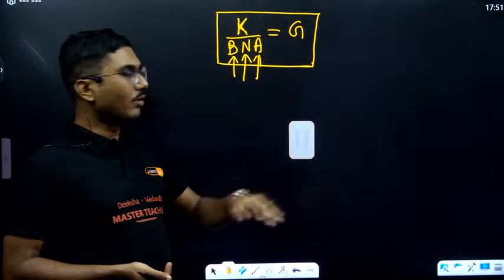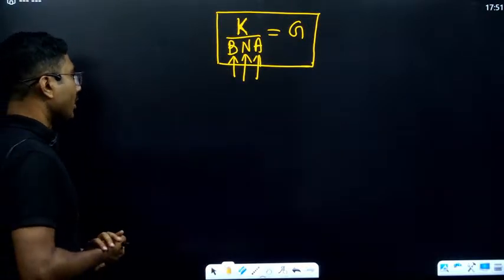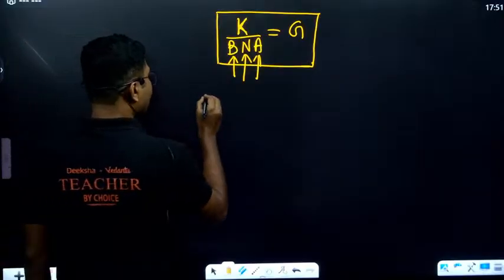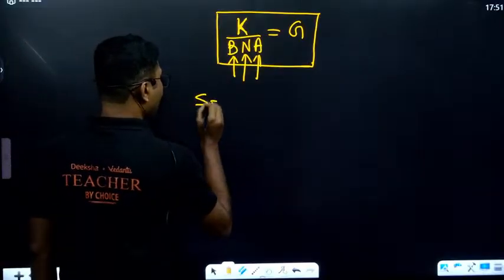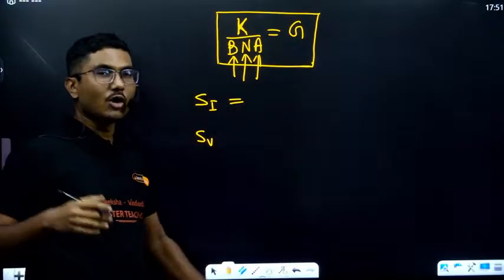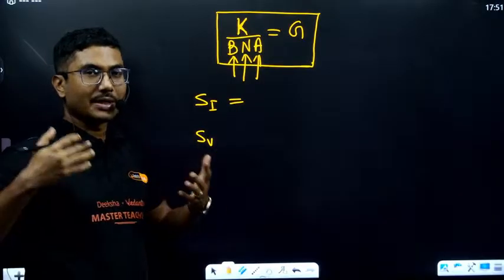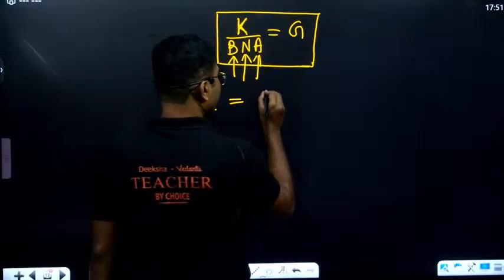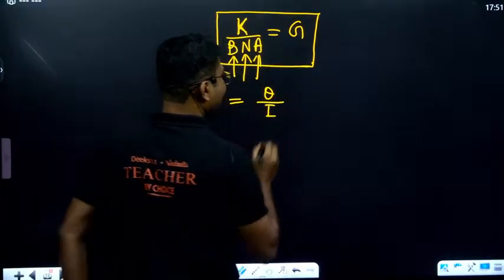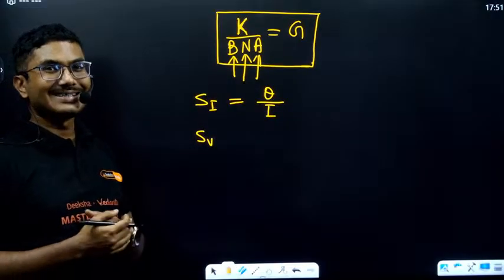Now another important quantity that we call is sensitivity. There are two types of sensitivity. One is current sensitivity, another one is voltage sensitivity. Current sensitivity is what? How much deflection you get per unit current. If you measure the angle theta and divide by the current I, that is called current sensitivity.